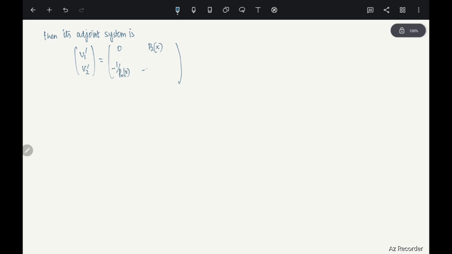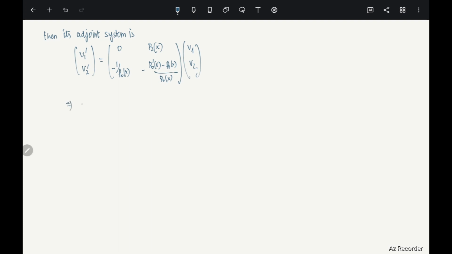So exactly the same thing, minus A transpose, that is P naught prime of X minus P1 of X by P naught of X, and then V1 and V2. Is this okay? This is what we are going to get.